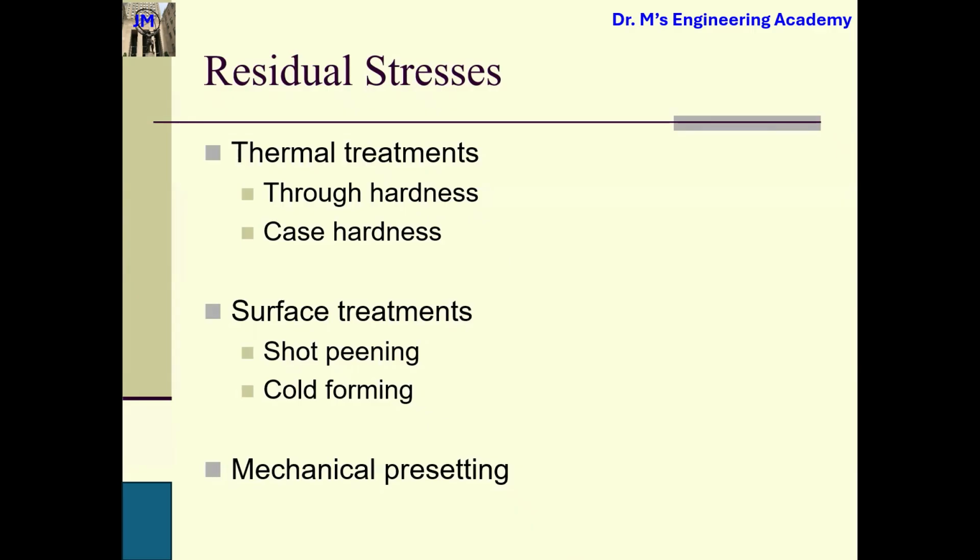Then we elevate the temperature and hold the whole chamber for a long time, and then the smaller atoms around in the chamber will diffuse into the surface of the workpiece we are heat treating.